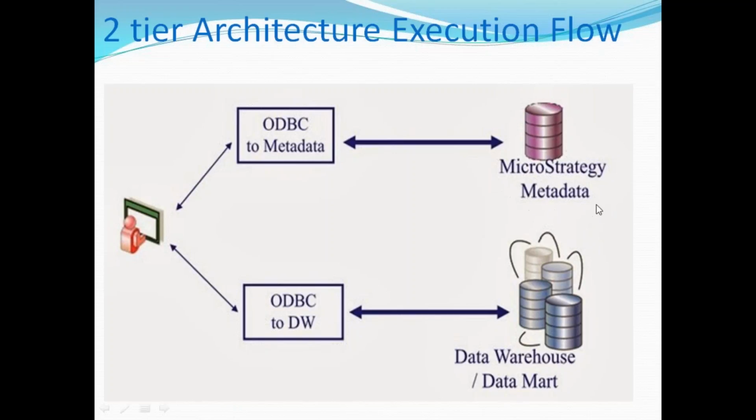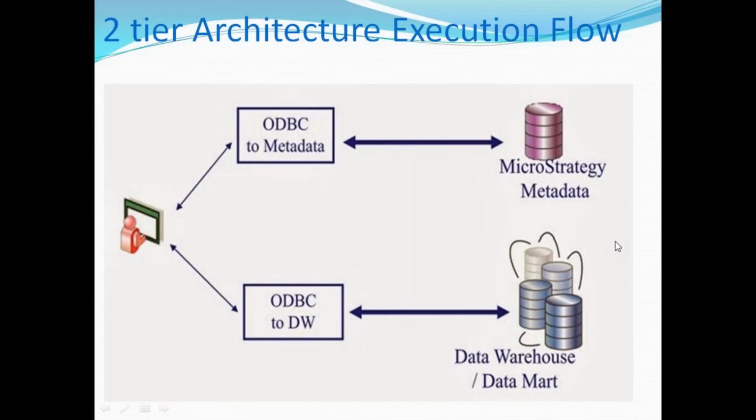Then what is the difference between metadata and data warehouse? In the data warehouse also, whatever columns you create, that information also will be present. So what is the difference between metadata and data warehouse?